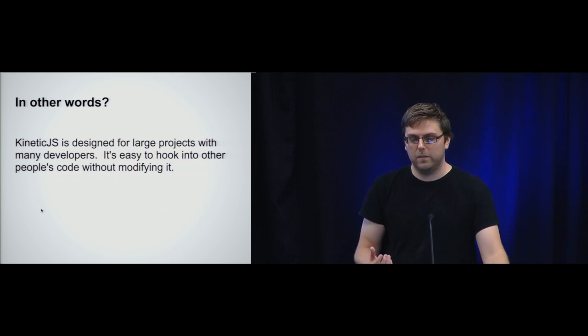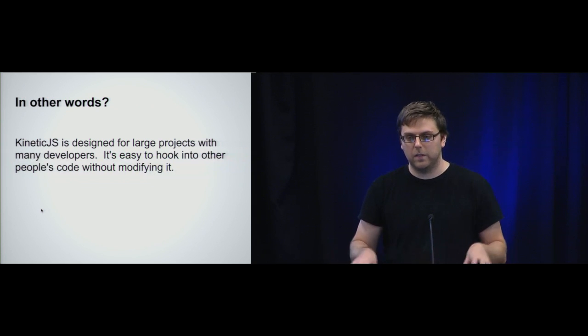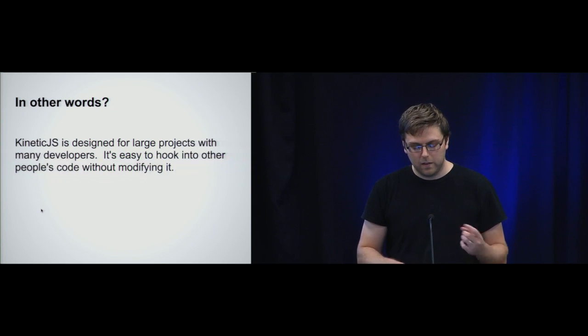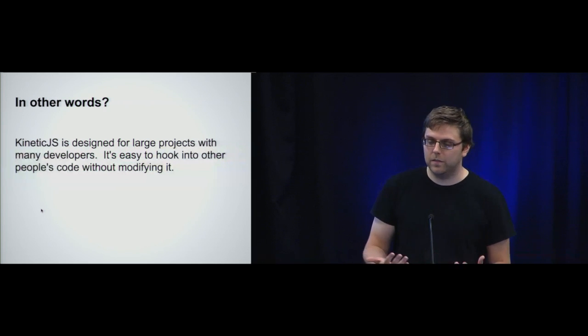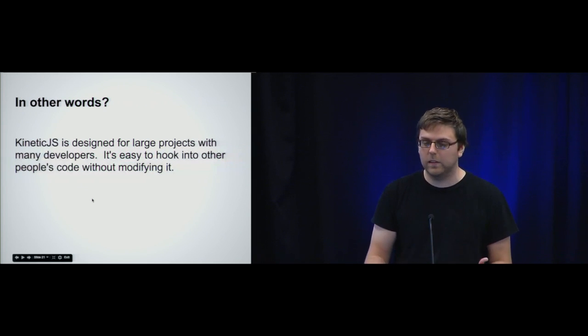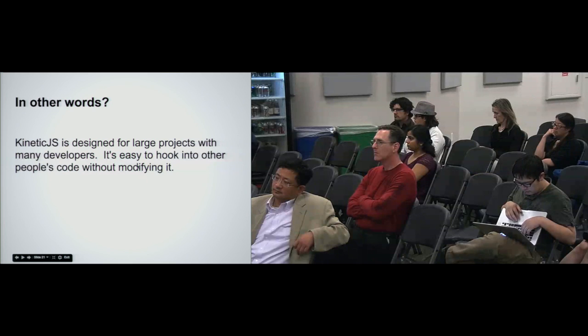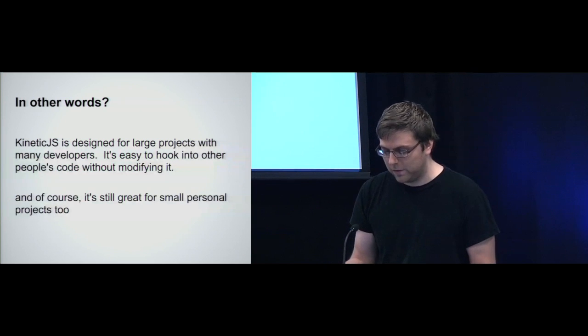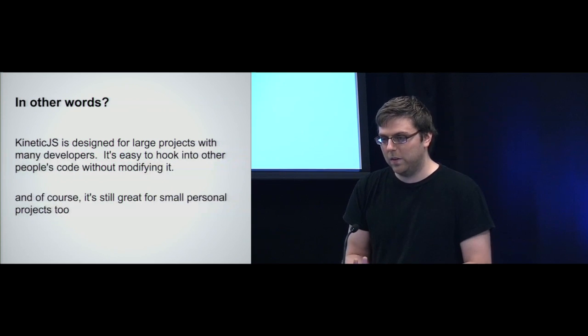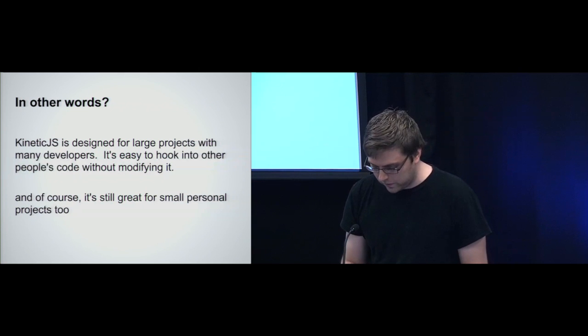So if you have a small team, say 3 or 4 developers, and each developer is creating different components using Kinetic.js, it's really easy for each of those components to hook into each other by listening for events or using selectors. To my knowledge, none of the libraries today can do that. And of course, it's still great for small projects. If you want to create a small personal project, it'll work just as well.